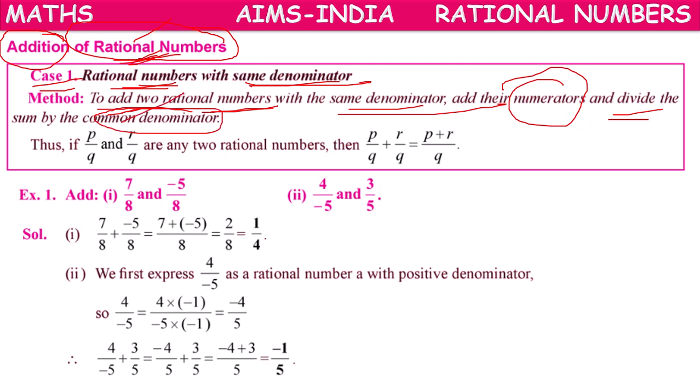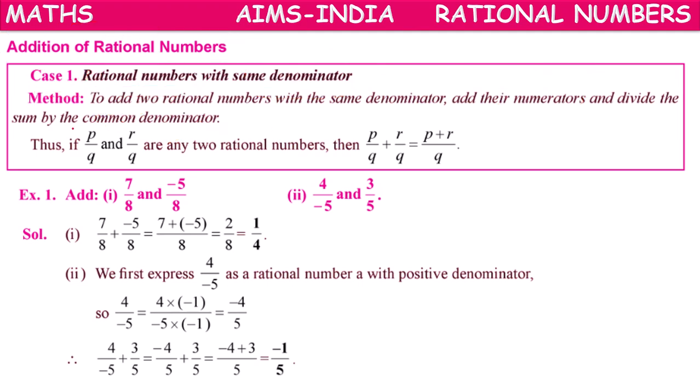We can apply case 1 only when the given rational numbers have the same denominator.